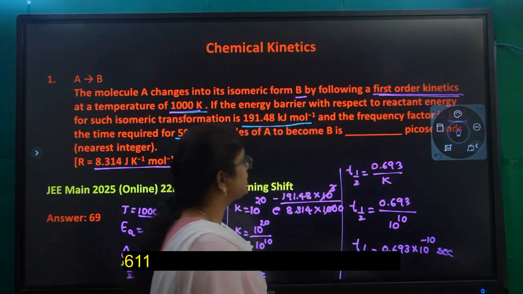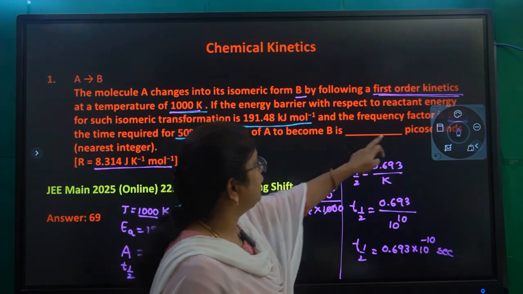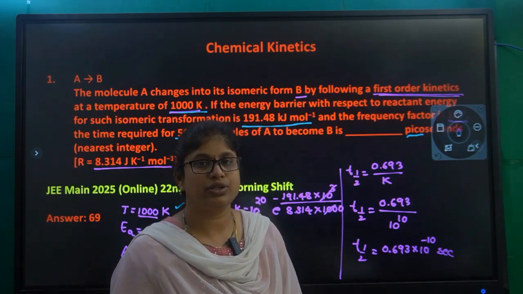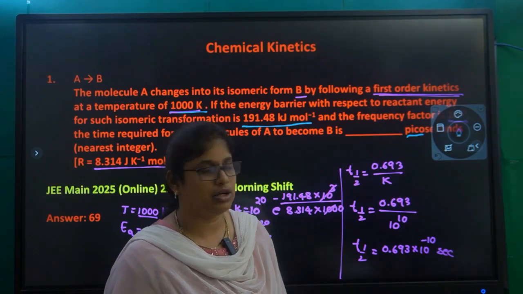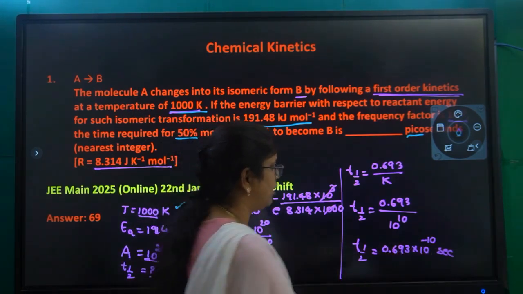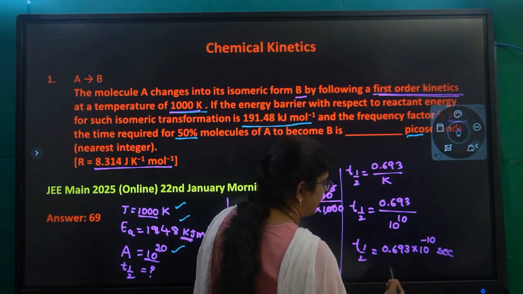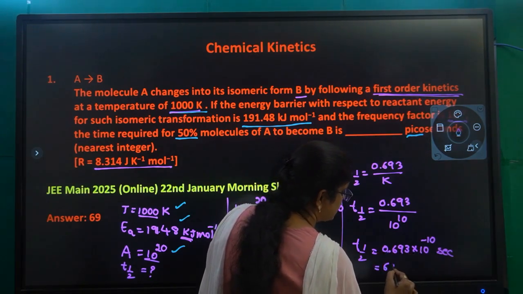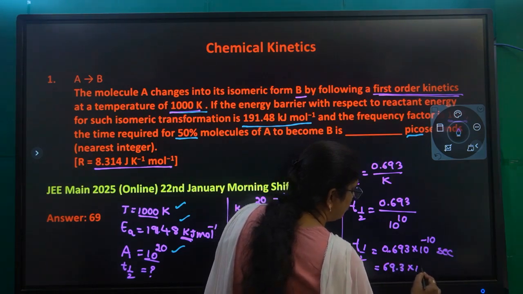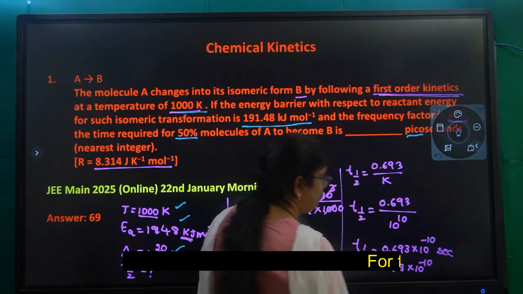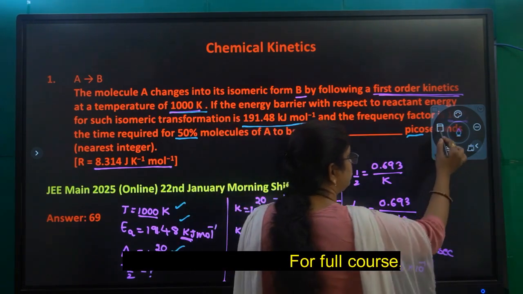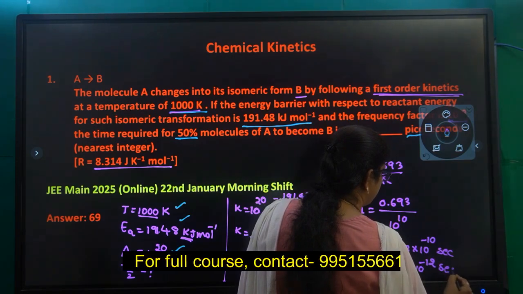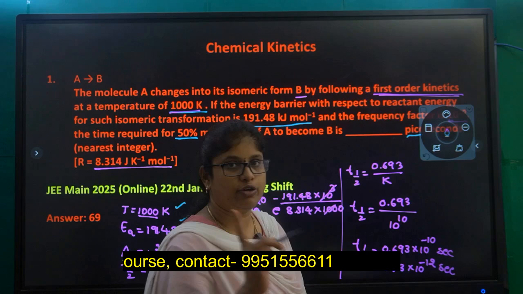But what he is asking is the time for A to become B in picoseconds. 1 picosecond is equal to 10 to the power of minus 12 seconds. So here we have 10 to the power of minus 10; now convert this into 10 to the power of minus 12. How? If you move this decimal point 2 digits to the right, we get 69.3, and the power decreases by 2, so 10 to the power of minus 12 seconds, which is 1 picosecond.